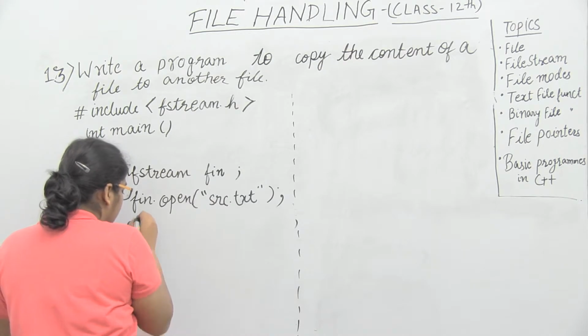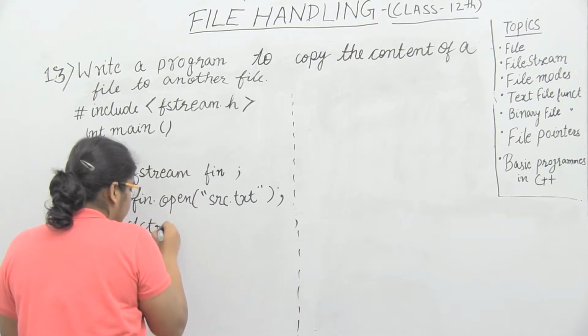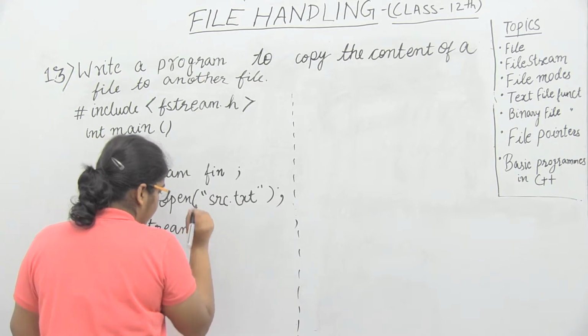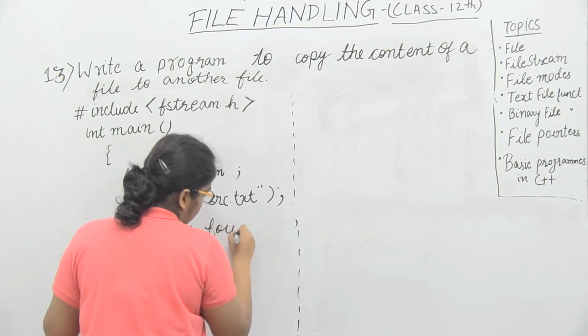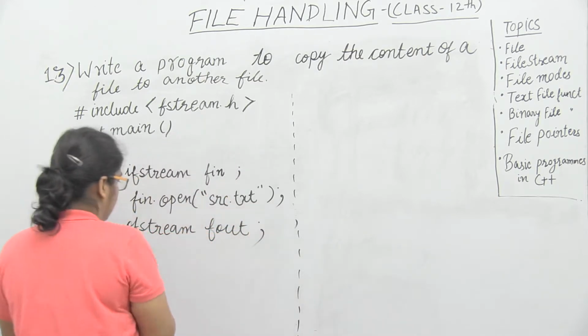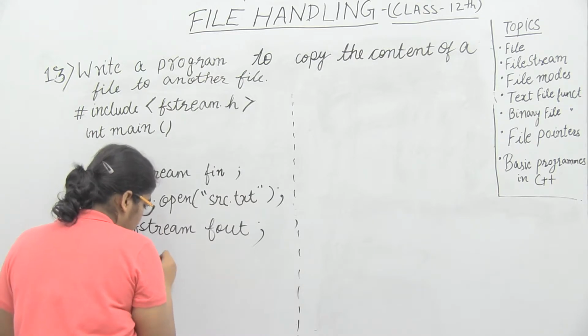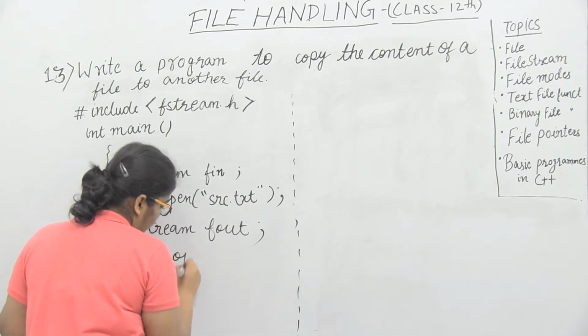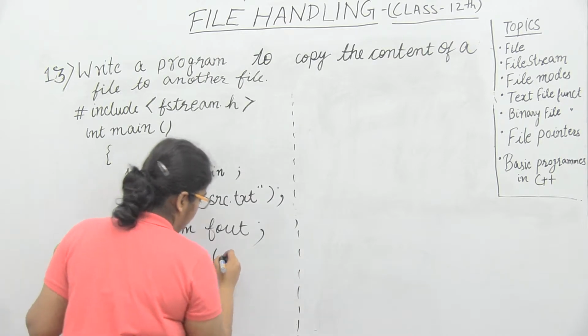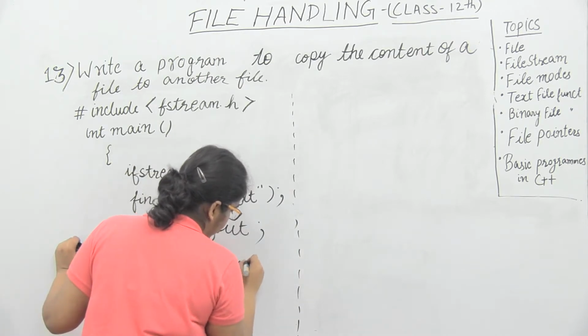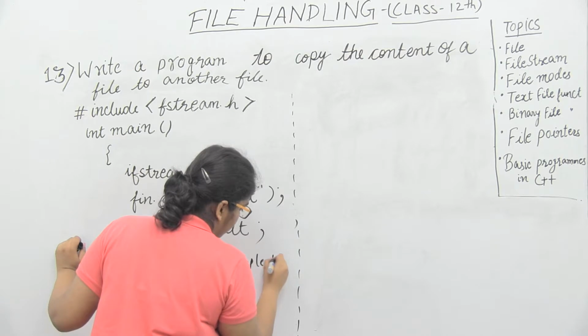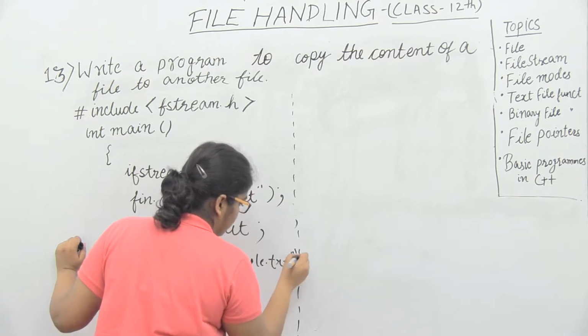Then ofstream fout, fout.open sample.txt.